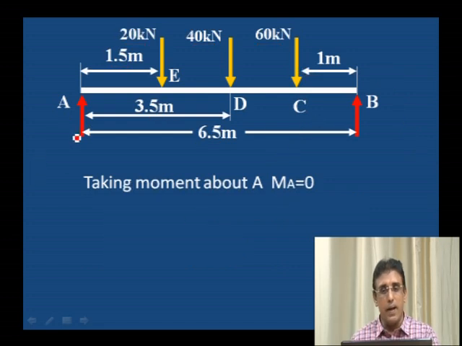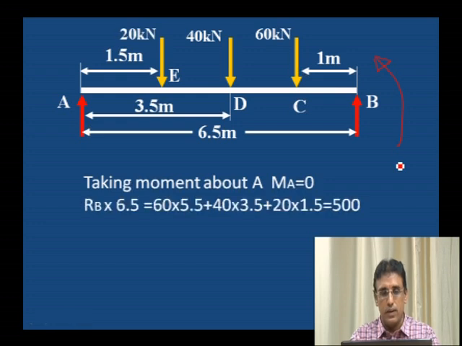Taking moment about A, RB into 6.5. RB is anti-clockwise. I have taken the anti-clockwise on the left hand side, and the clockwise moments to the right hand side.